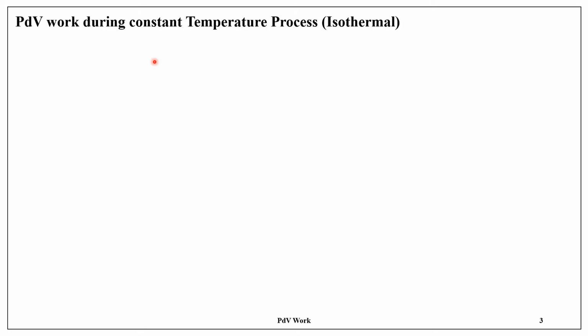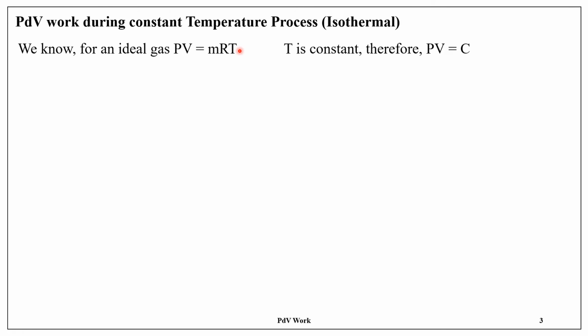For that, in an isothermal process, we make use of ideal gas equation, which is PV equal to mRT. And it is a constant temperature process. This T is constant and hence we can write PV equal to constant C because mass and the gas constant are constants. T is also constant, therefore we are using some other constant C. So what is the C? C is equal to mRT.